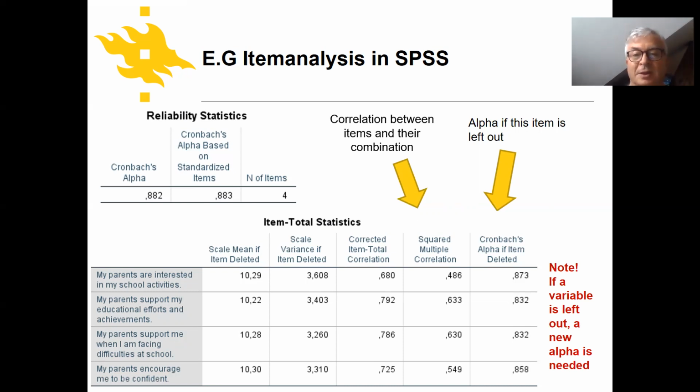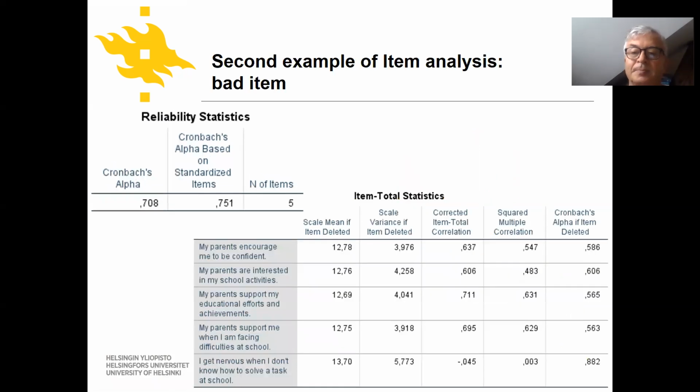If, however, you have a low correlation, leaving that item out would result in a much better alpha. If the item is dropped, then you need to do a new item analysis. So you just drop it from the previous, and then you can see in the Cronbach's alpha what it really became.